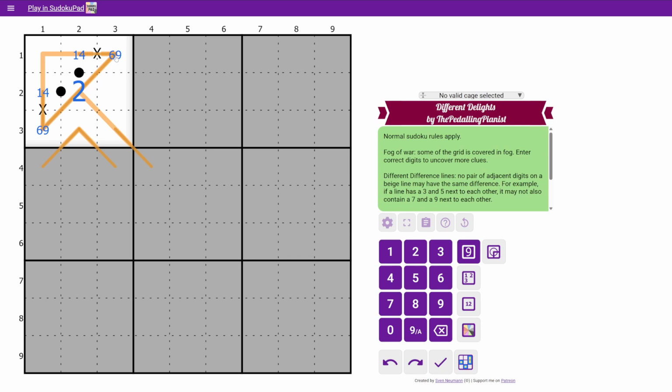So we're going to have a difference of 7 one way and 4 the other. So this cannot be an 8, because one of these will be a 1, and one of these will be a 1, 9, which has a difference of 8.